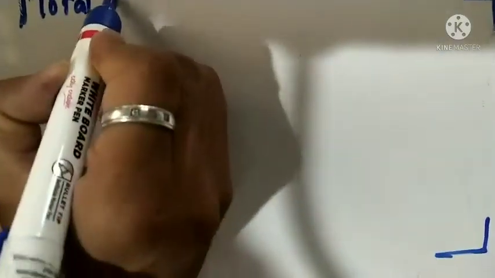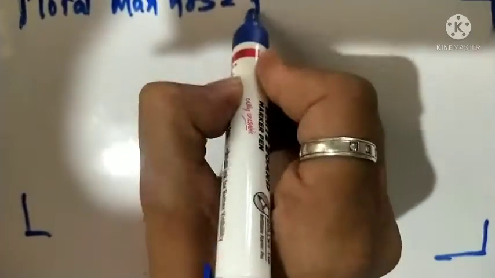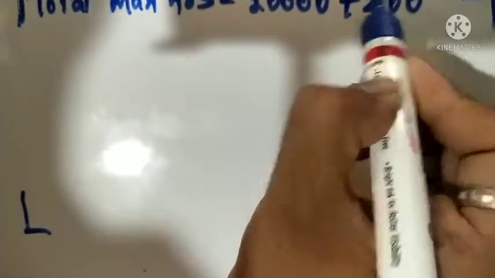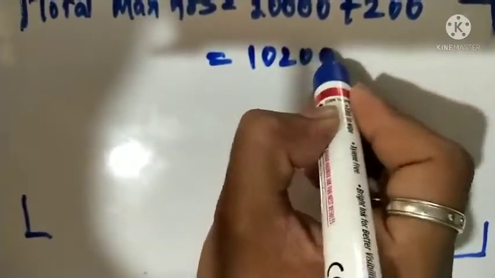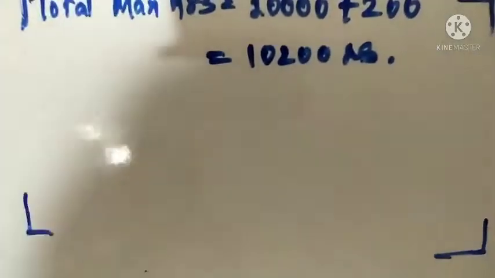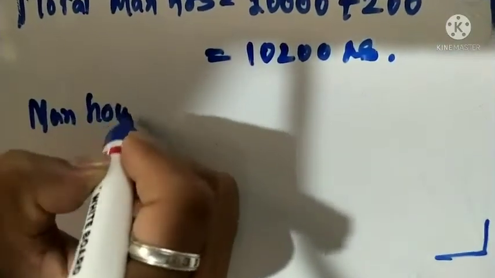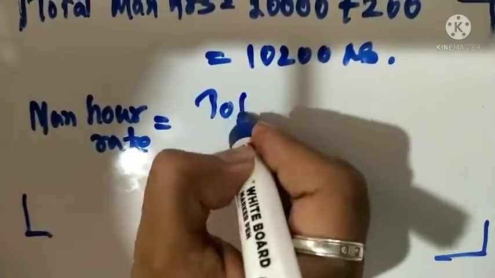Now find out the number of total hours, means normal hours plus overtime. So normal hours we have got already 10,000 and overtime is 200 hours. So add both, so that is 10,200 hours. In the problem they have asked the man hour rate depending upon overhead, not on total cost.